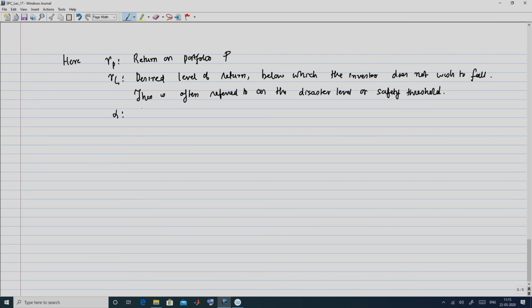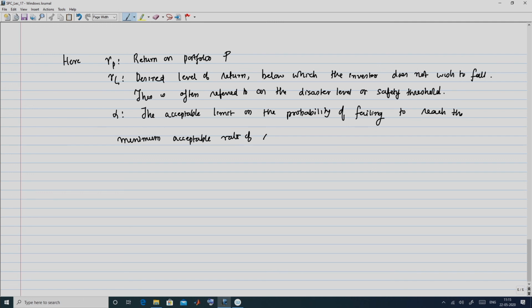And finally, alpha is the acceptable limit, that means the maximum percentage chance that you are willing to accept on the probability of failing to reach the minimum acceptable rate of return RL.